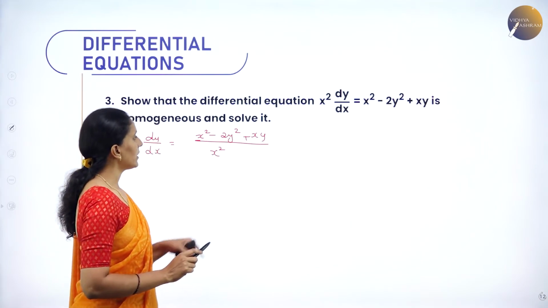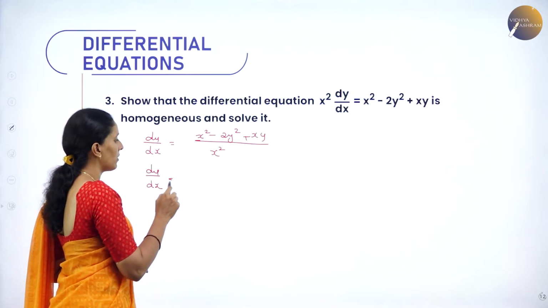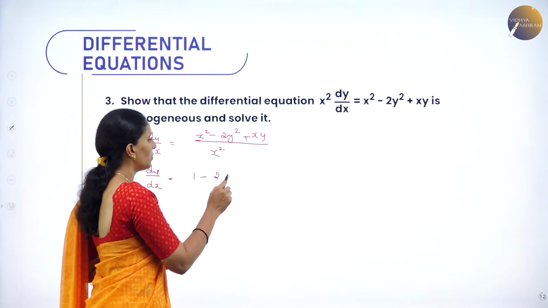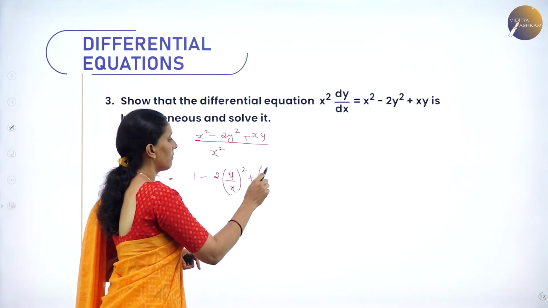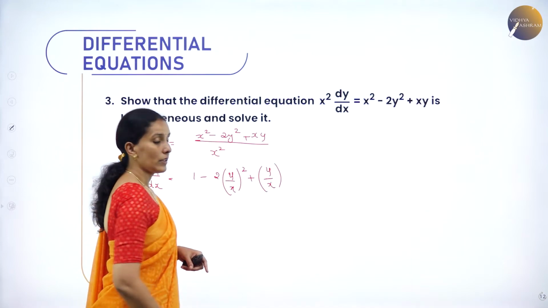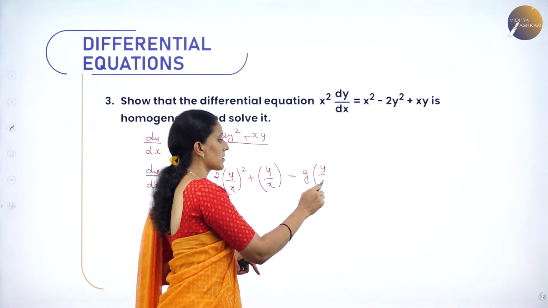So when you divide the terms by x square, here it becomes dy by dx is equal to 1 minus 2 y by x whole square plus y by x. Say clearly the function you have expressed in the form of y by x.